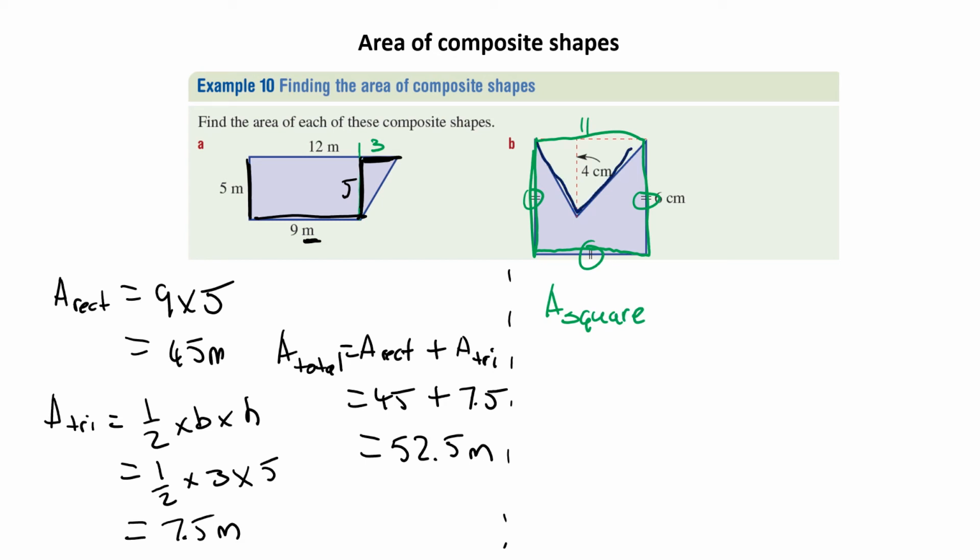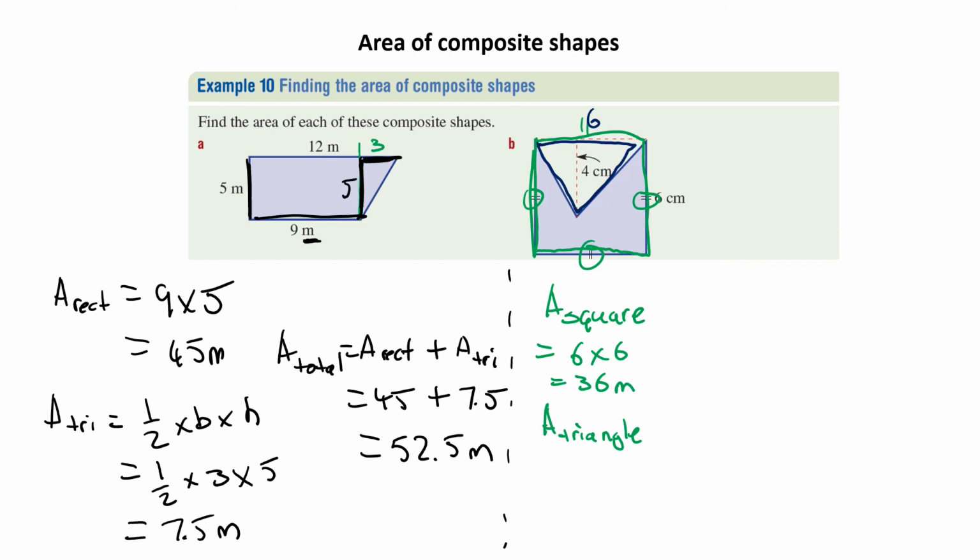So I've got this region here, and I know that that's going to be 6 there. Area of the square is going to be equal to 6 times 6, so it's going to be 36 meters.